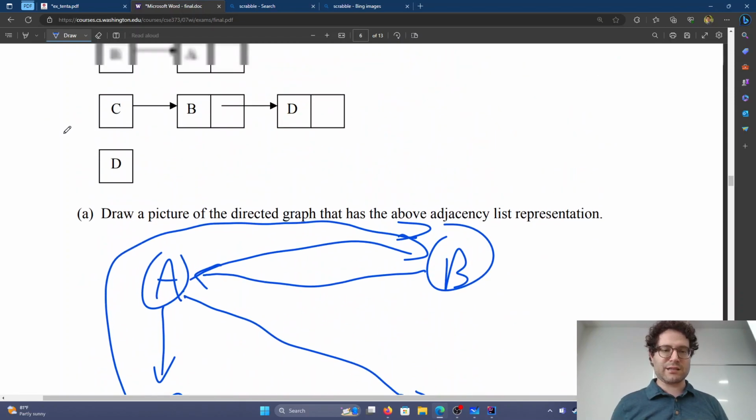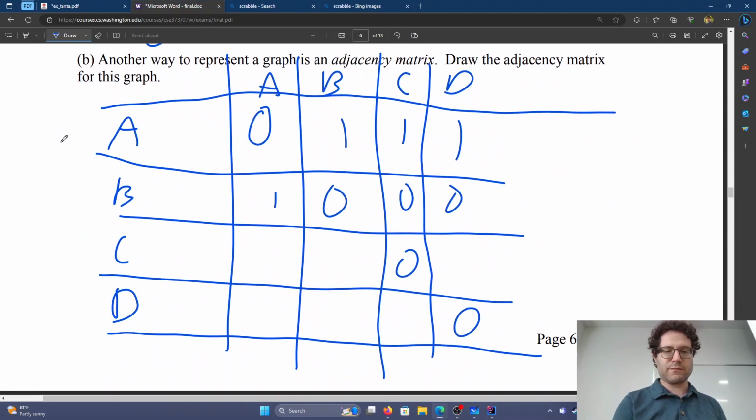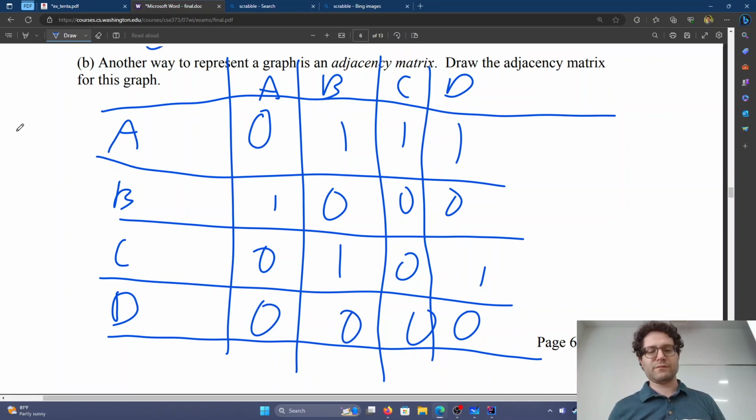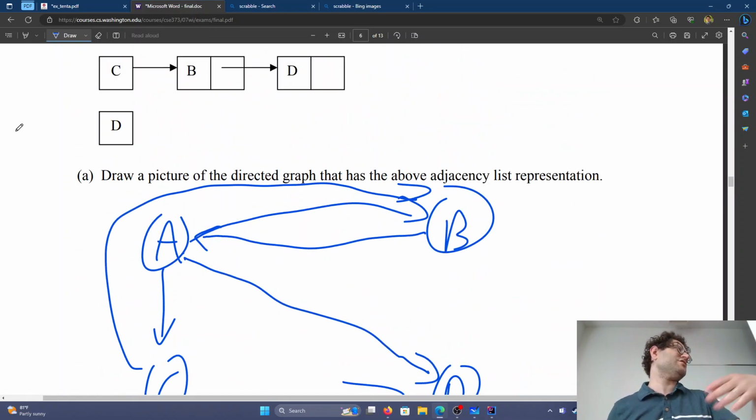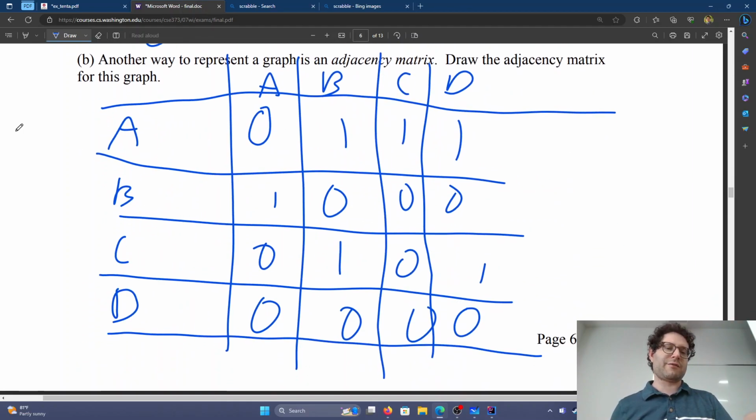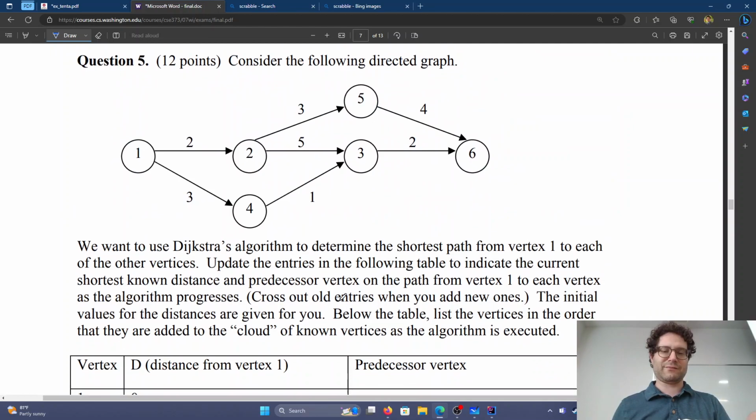C is connected to B and D. And then D is connected to nobody else. Right? With directed edges, it's super easy because you just read them out. For undirected, you would have to make sure that it's reflexive. Right? If A goes to B, B goes to A. So it would be mirrored along this central axis, central diagonal.